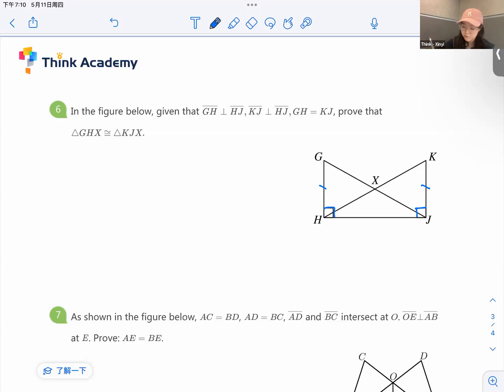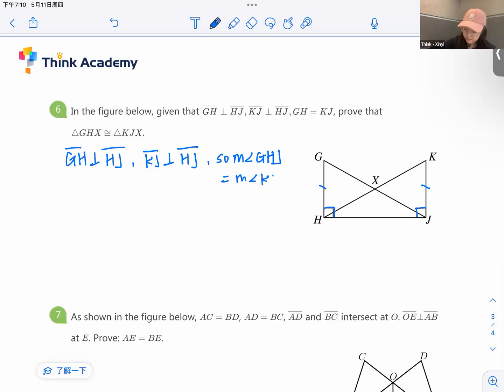Okay, so first, as we have GH perpendicular to HJ and KJ perpendicular to HJ, so we can have the angle GHJ equals to the angle KJH equals to 90 degrees. And also we have GH equals to KJ and HJ equals to JH.